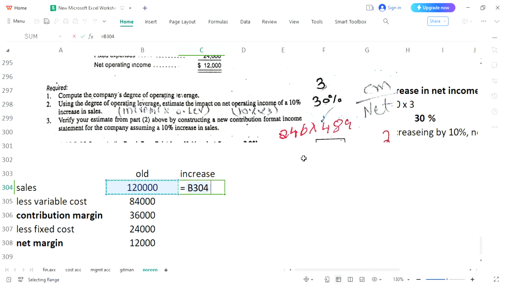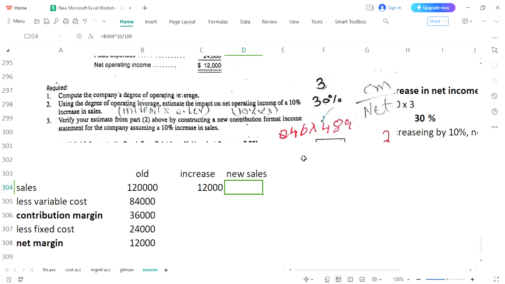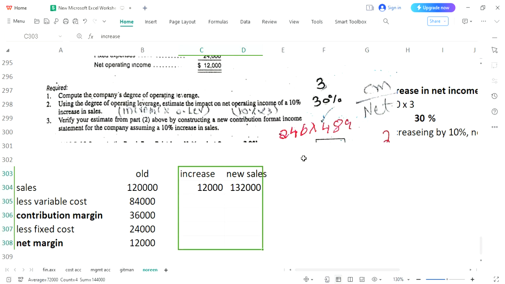Multiply it with 10 and divide it by 100. So it is increase. And what would be your new sales? Old sale was 1,20,000, increase is 12,000. So new sale will be 1,20,000 old sales plus what is increased, which is 1,32,000. In this way, you will calculate your new income statement.